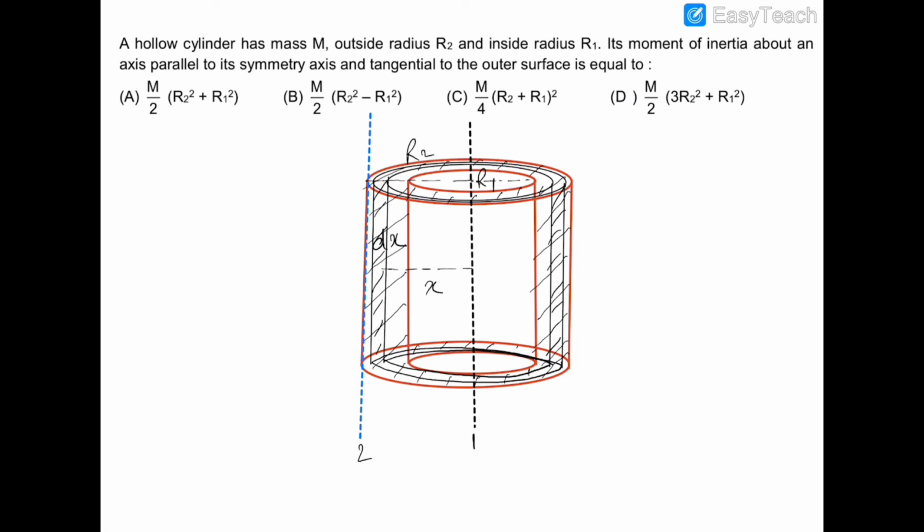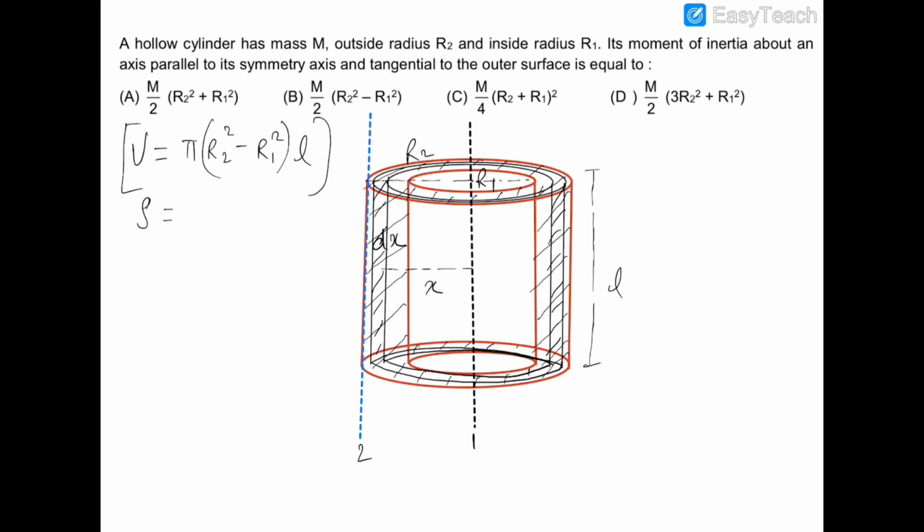So the mass of this complete cylinder is given as m, and the mass m is distributed over the volume. So the volume of this cylinder, let us suppose that its length is L, so the volume V will be pi into r2 square minus r1 square into L. So this is the volume of this cylinder, and its mass is distributed on this volume.